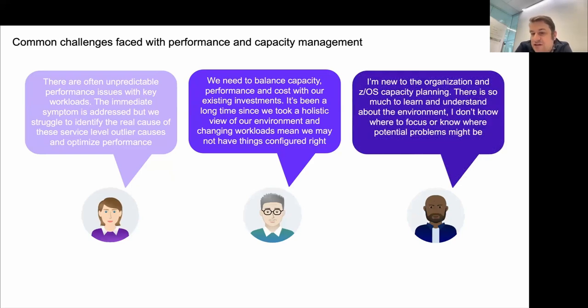And the third use case I'm going to focus on is around capacity planning. And I alluded to this on the previous slide, which is there is so much for a new person to learn, both about z/OS generally. A lot of people come in very fresh and don't know a lot of the concepts and have to learn it because it's quite a different environment.